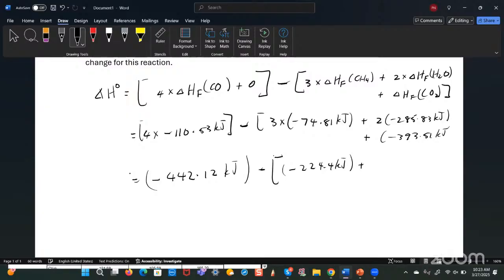Plus, for the next one, minus 285.83 times 2, which gives you minus 571.66 kilojoules. And then to that, I will add minus 393.51 kilojoules.